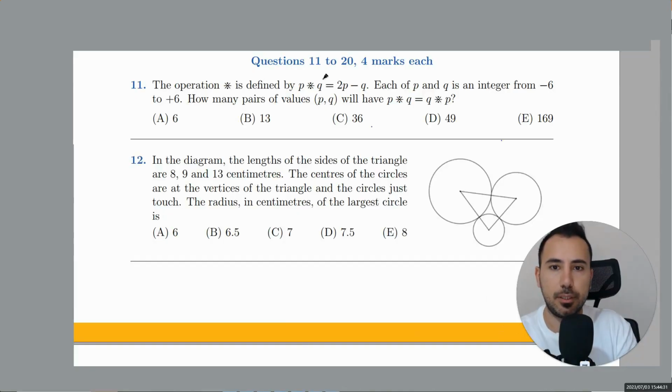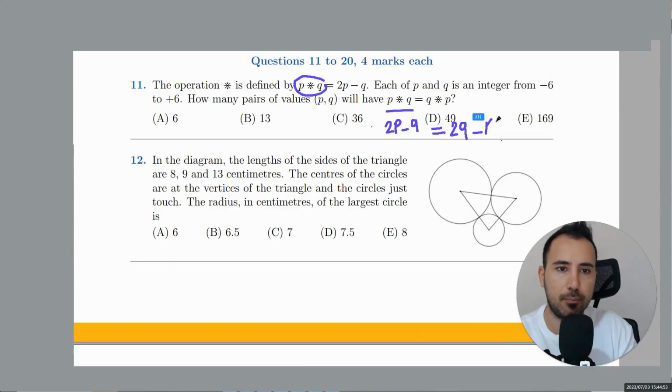So for p ⊛ q, we have the expansion of it. This one we write like 2p minus q. So this one, q ⊛ p, is going to be the same, only p and q are replaced. Instead of 2p, I write 2q, and instead of minus q, I write minus p.